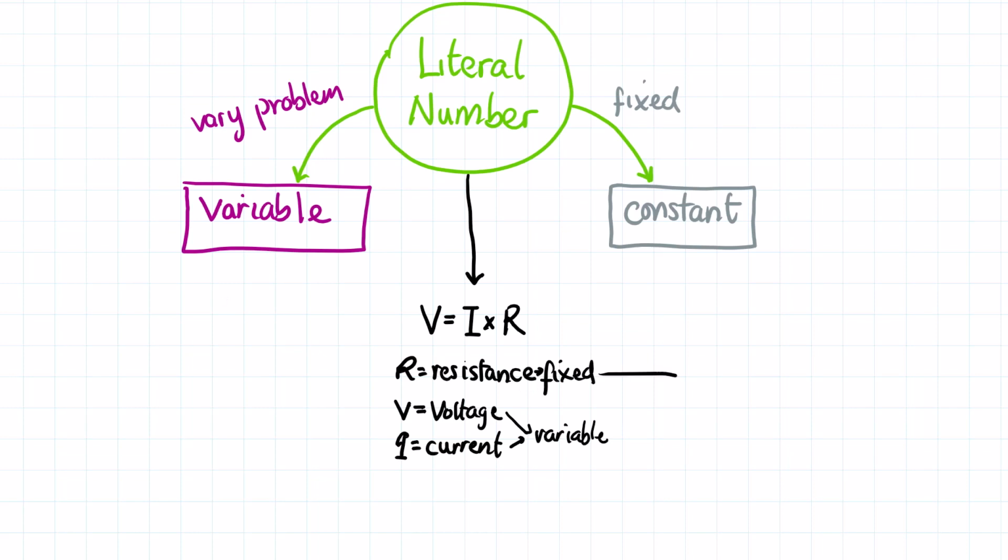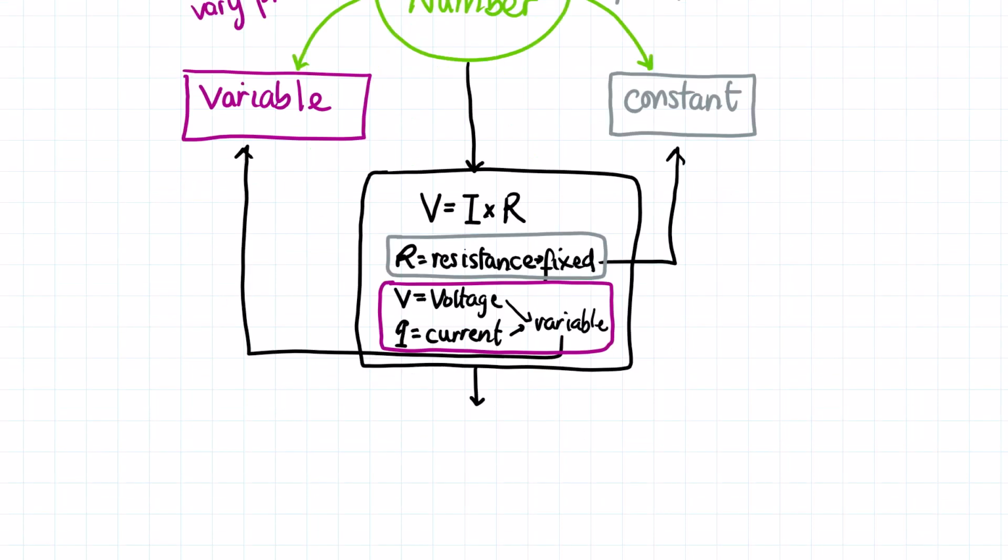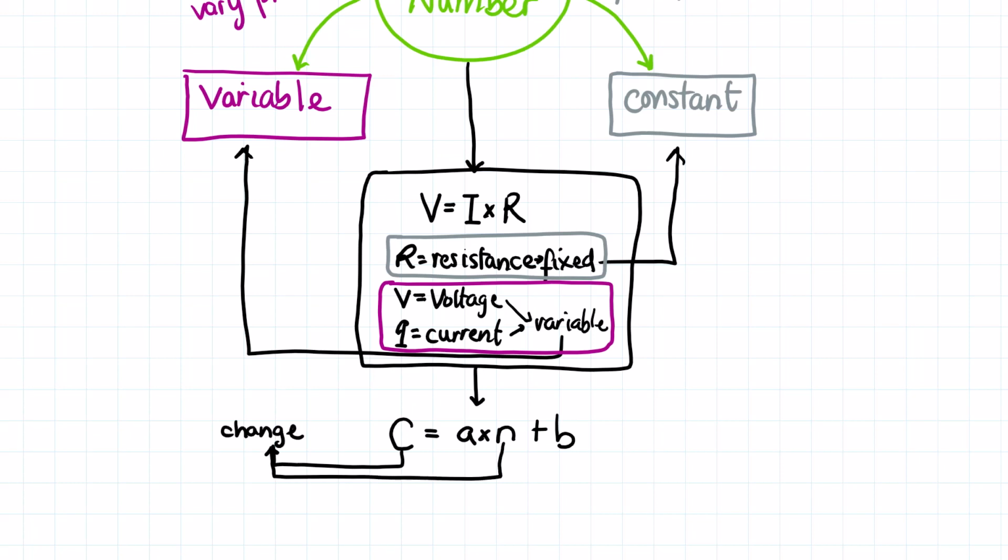fixed or constant. Now, how about another format that has C equal to A times N plus B? What we can recognize is that C and N are the variables that are changing, where C is the cost of an item and N is the number of items.